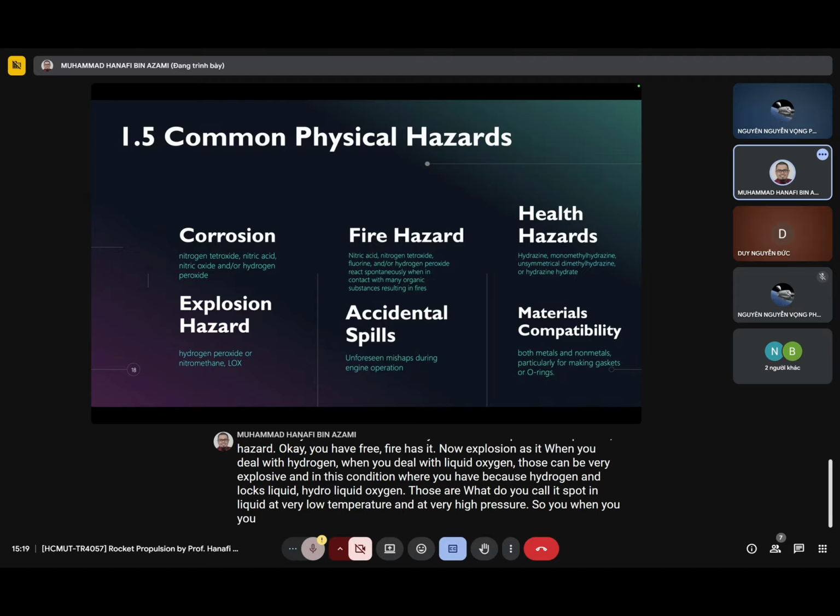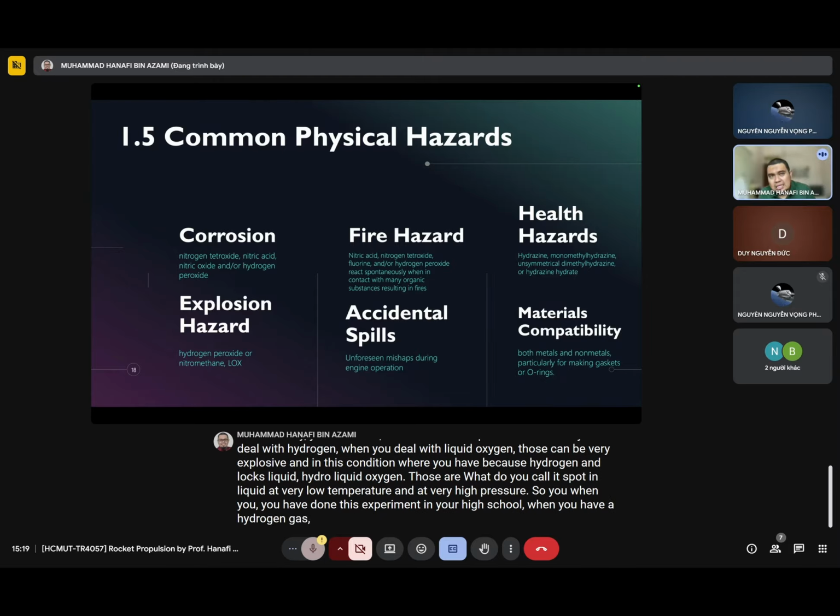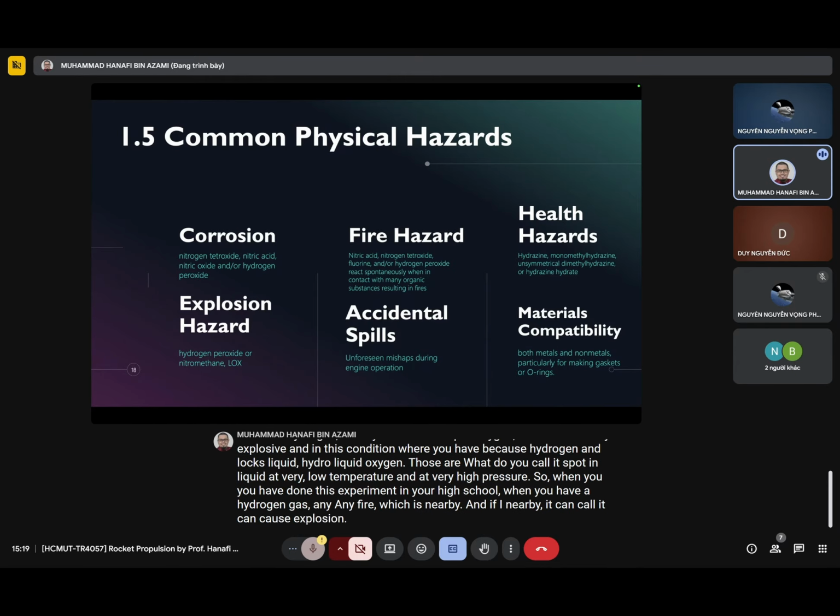So as in the experiment you did in high school, when you have hydrogen gas and any fire nearby, it can cause an explosion.